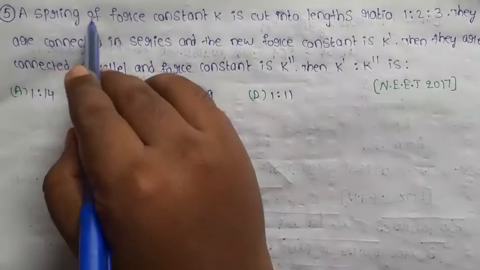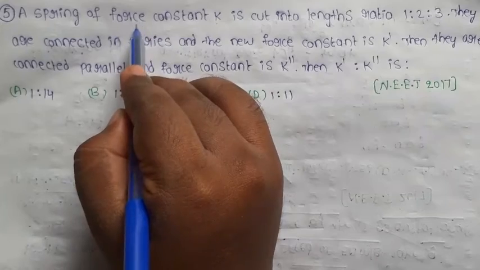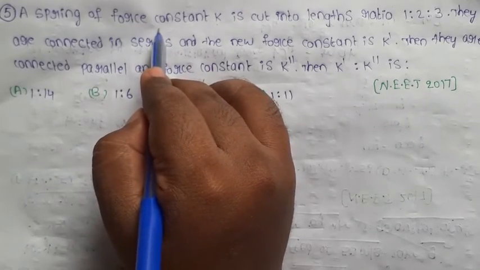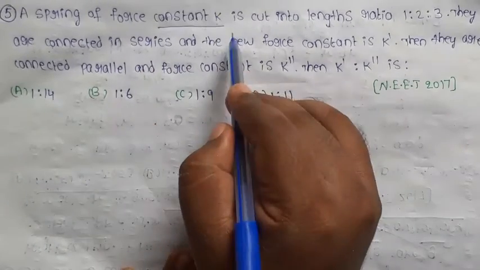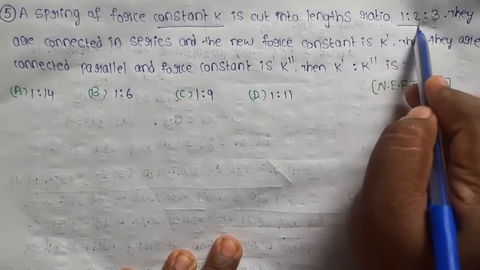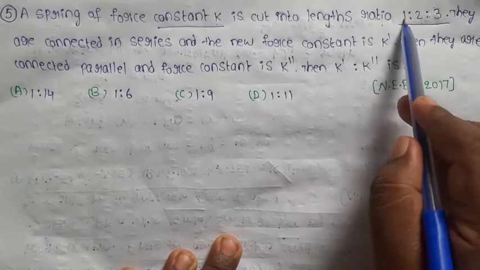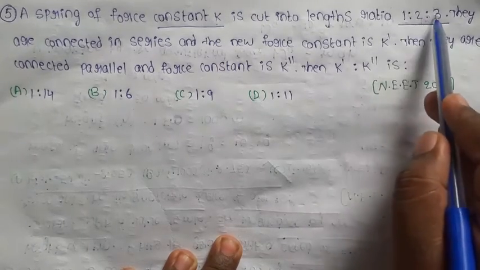Next question, a spring of force constant k. So here one spring is taken, the constant of spring is k, that is original, and it is cut into length ratio 1:2:3. So this spring can be cut into 3 parts, the ratio is 1:2:3.